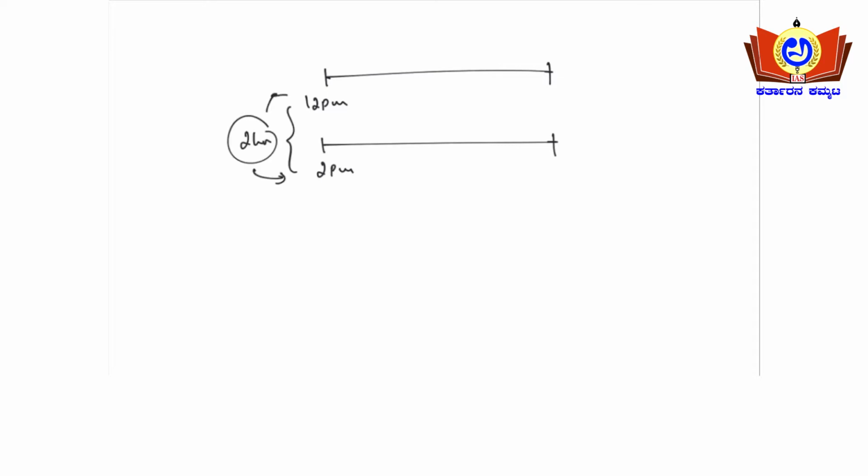So what have they given? At 12 p.m. the train starts. Another train starts at 2 p.m. So there is a 2 hour difference. At 8 p.m. the second train, that is T2, overtakes the first train.